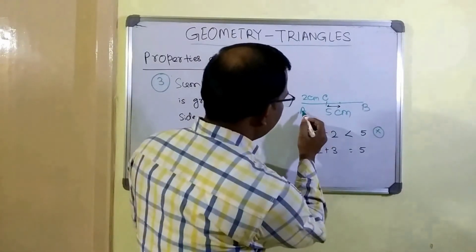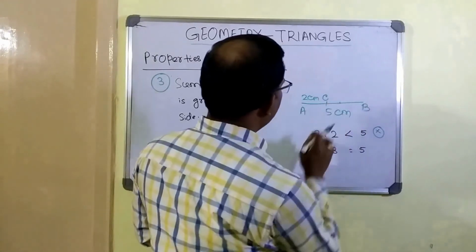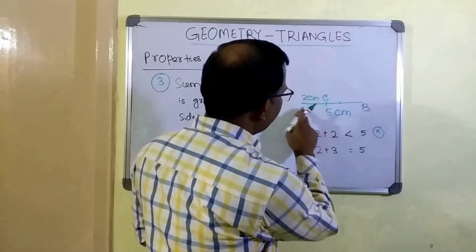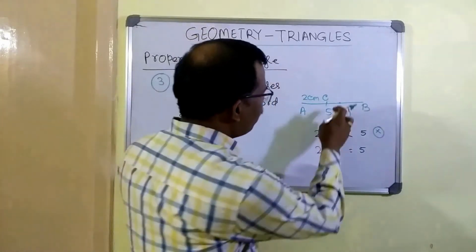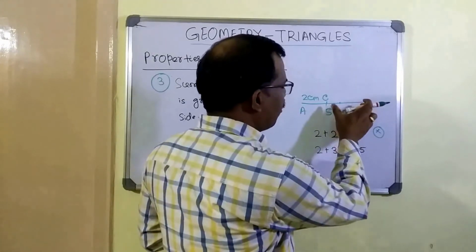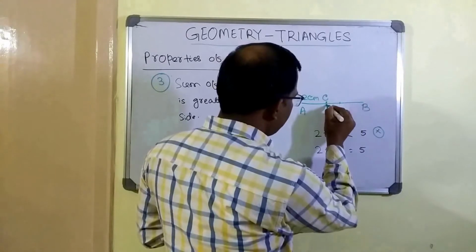So I have kept the same AB length of 5 centimeter and I have drawn the point C at 2 centimeter from the left hand side. Now if I try to draw the 3 centimeter from the end B, the point is going to be here.